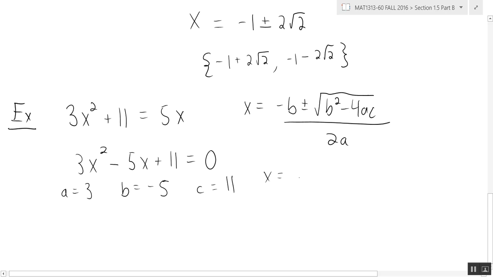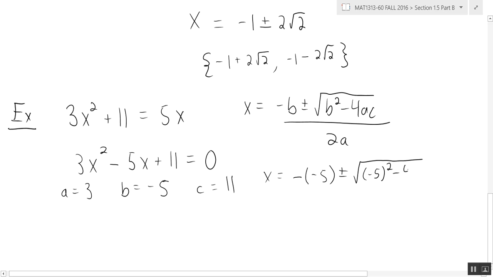X equals negative, and remember, I'm plugging in everything in parentheses. So my B is a negative 5. So the negative of negative 5 plus or minus the square root of, I want to plug in B again, but I'm squaring it this time. Make sure you put it in parentheses. That's negative 5 squared.